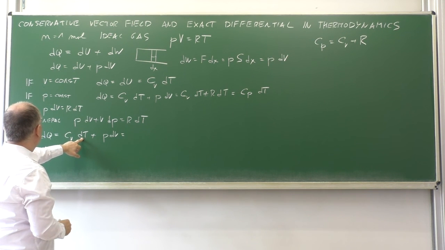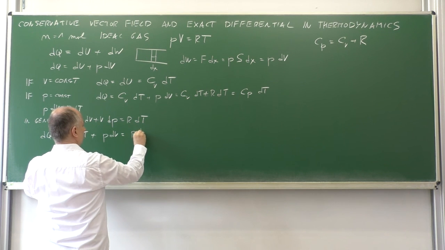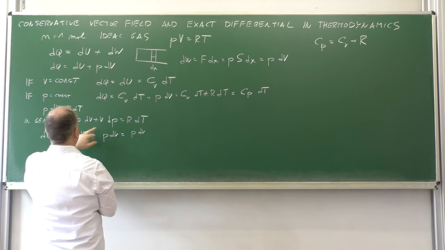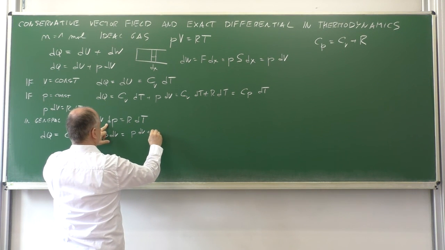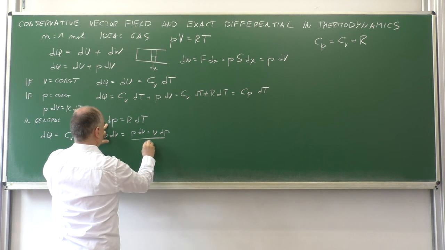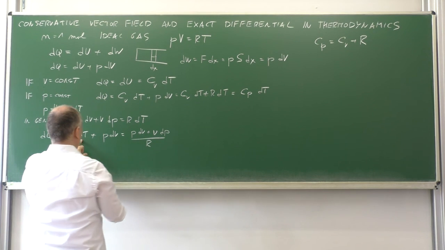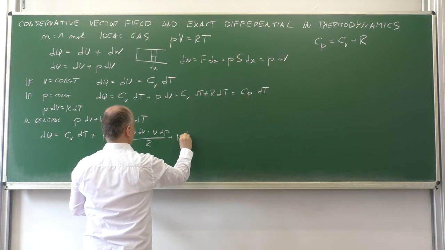But dT is P dV divided by R, sorry, dT is P dV plus V dP divided by R, times Cv plus P dV.